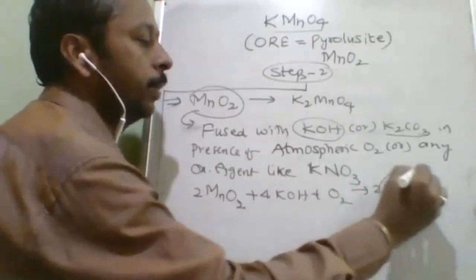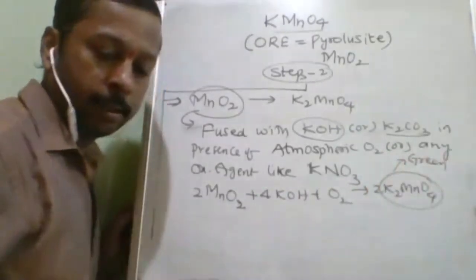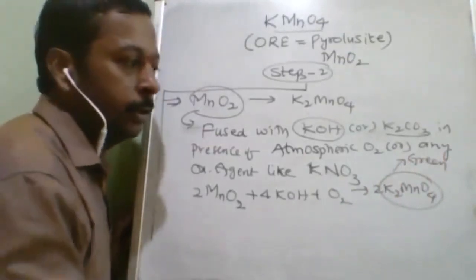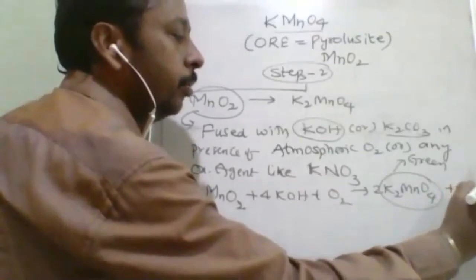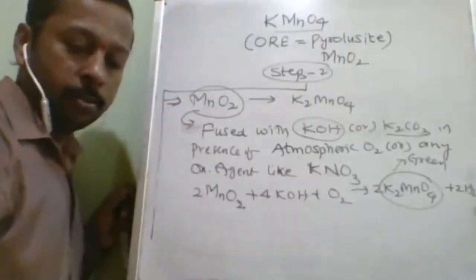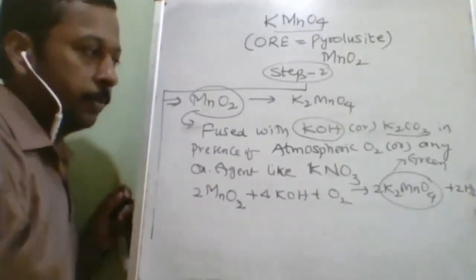Here the color plays a vital role and you should remember it is green in color, plus 2H2O. The other product is 2H2O.